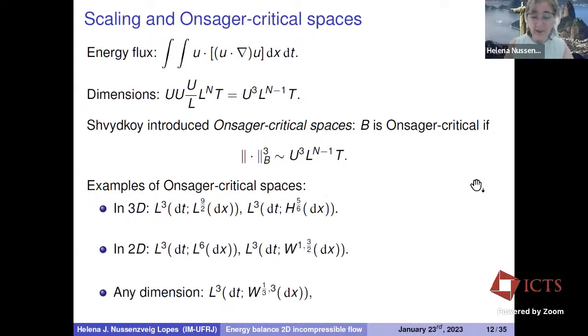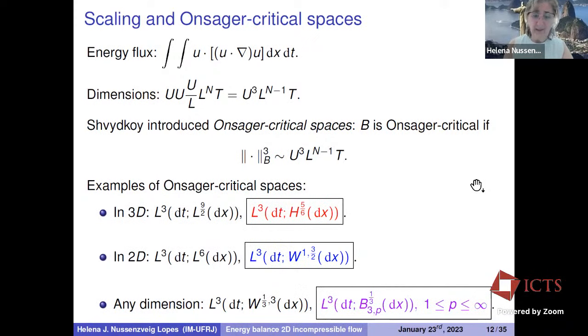And in any dimension, L3 in time into W1/3,3, and L3 in time into B1/3,3,p for any p between 1 and infinity. These three spaces in boxes are spaces on which we actually have proofs of energy conservation. The last one should be p less than infinity here.